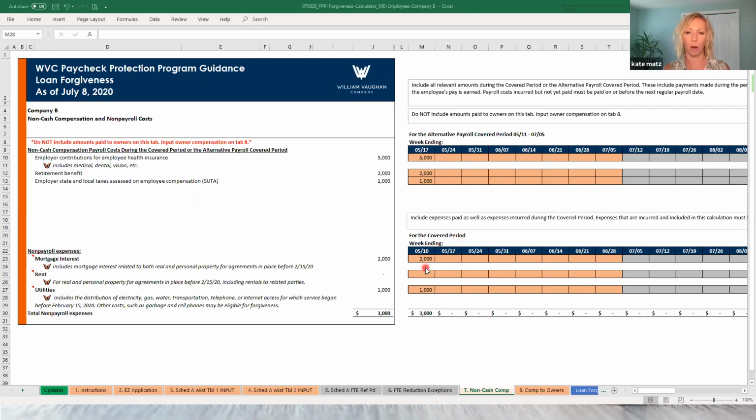So that would be how to use a different period for payroll if you want to line it up to your pay periods. Given that you can include everything that was paid and incurred, and given that you can go up to 24 weeks, there's, in most cases, not a lot strategically that's going to change based on which one you use. It just might be a little bit easier from an administrative standpoint to gather the documents that way.